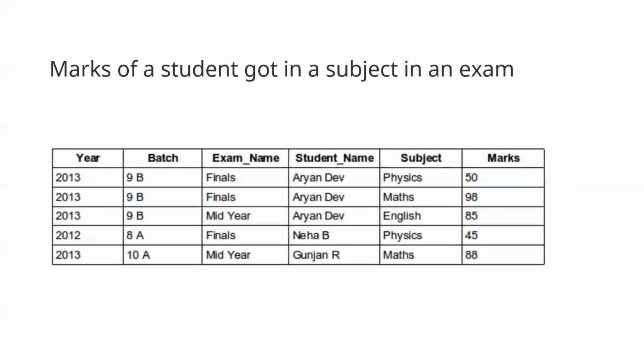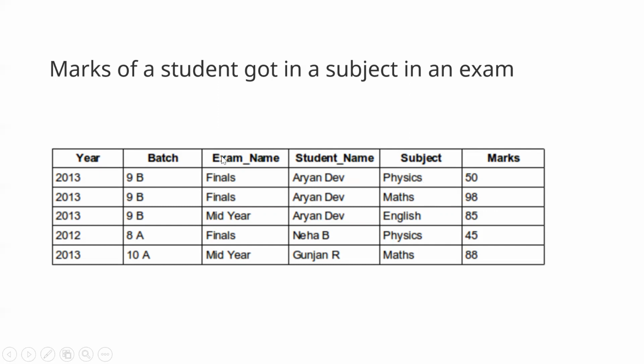Let me go to the next one. This is an exam result, we can say. Here the grain is the marks a student got in a subject in an exam. Actually, if I say only marks of a student, then it's not clear, because one particular row has subject-wise marks for Aryan.